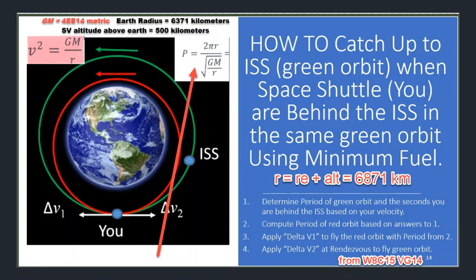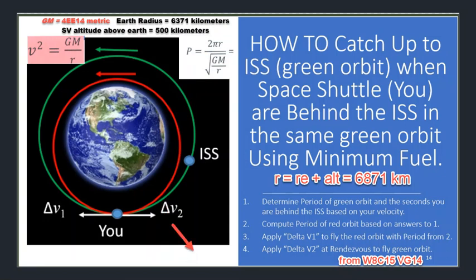You can also calculate the velocity using the square root of GM over R, and you'll get 7.617 kilometers per second, or 7,617 meters per second for your velocity.